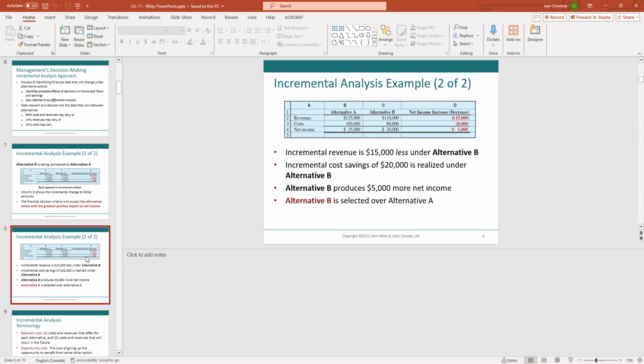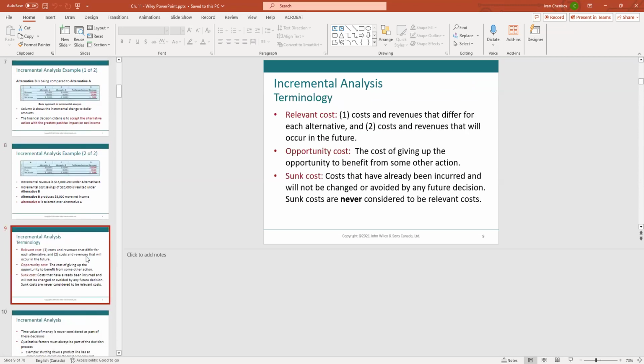What else can we do here? The incremental revenue, as you can see in the second alternative, is $15,000 less, but the saving that you're generating is $20,000, which produces $5,000. So in that case, obviously the second alternative is better than the first alternative.